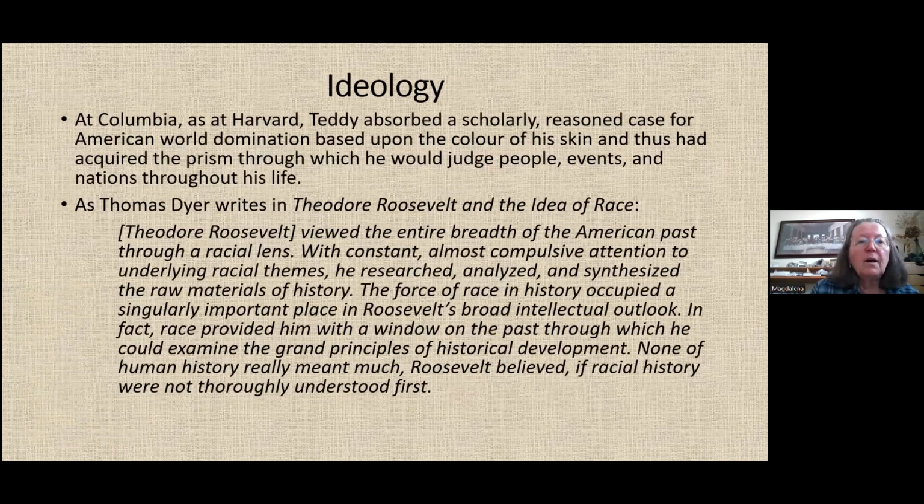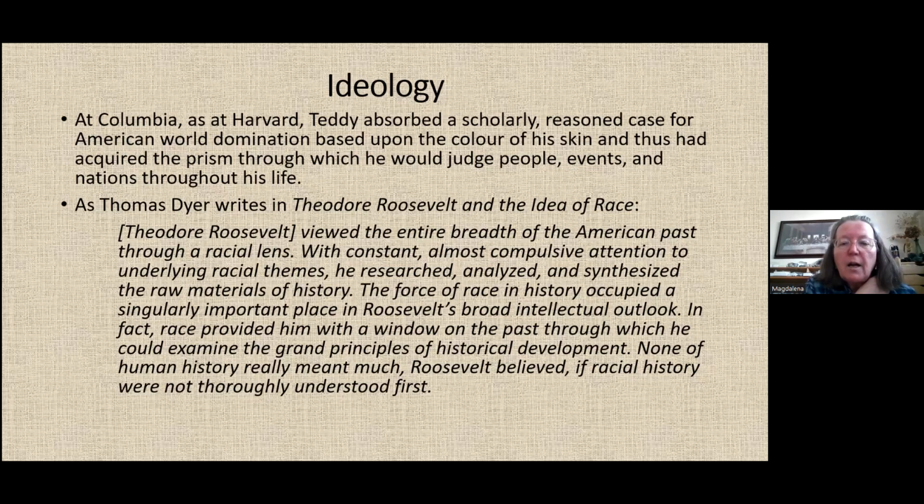At Columbia, as at Harvard, Teddy absorbed a scholarly, reasoned case for American world domination based upon the color of his skin, and thus had acquired the prism through which he would judge people, events, and nations throughout his life. Thomas Dyer wrote about Roosevelt and the idea of race. Teddy Roosevelt viewed the entire breadth of the American past through a racial lens, with constant, almost compulsive attention to underlying racial themes.